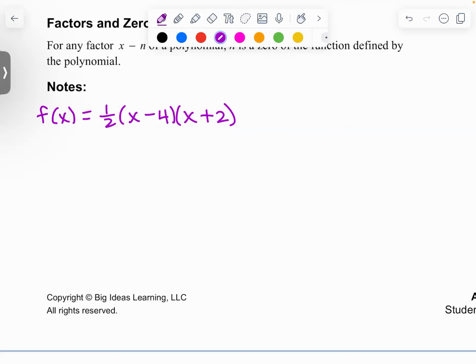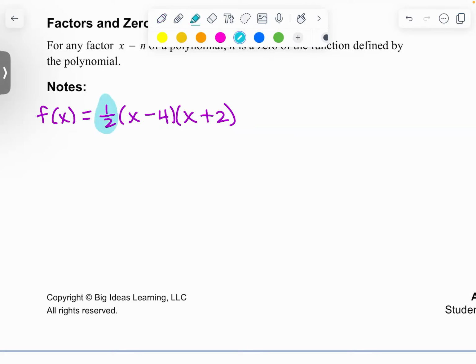Henry, what's one thing we know? The a is 1/2. And since the a is 1/2, what do we know about our parabola? It's going to be wider than normal. Okay, Maddie, what else do we know? P is positive and Q is negative. Okay, so we know that this 1/2 is creating a wider parabola.